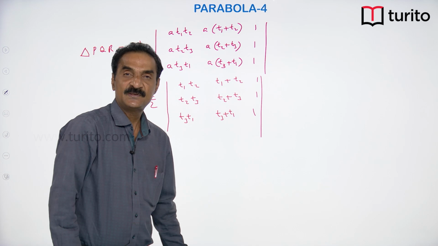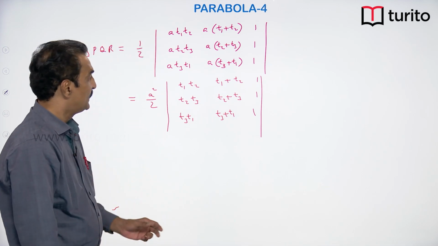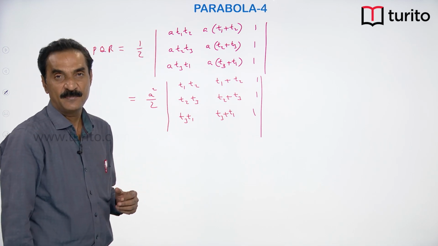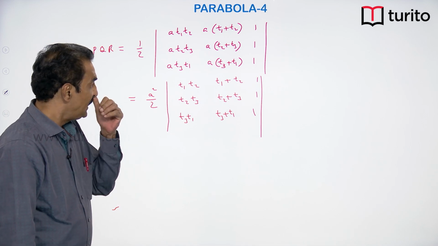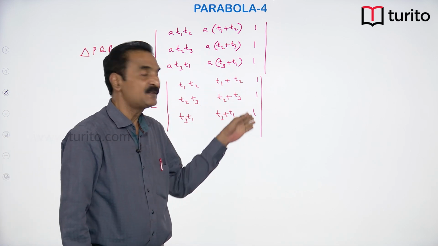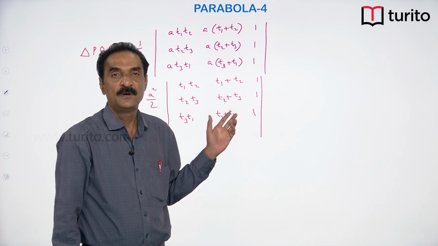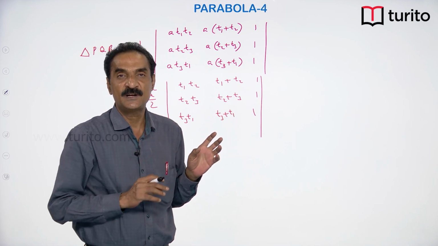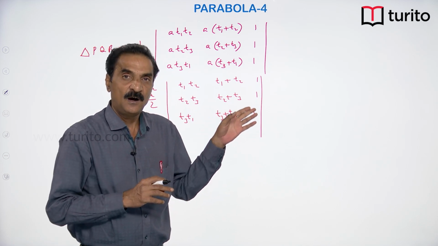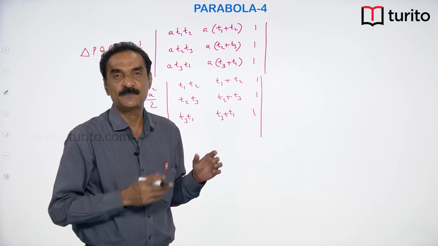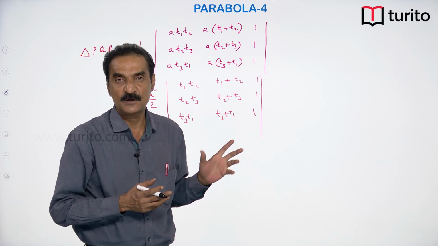We can calculate this determinant by using row operations. In any determinant, if you have three ones in a column or in a row, we should try to get two zeros in that row or column. After getting the two zeros, it will be easy to expand the determinant using that row or column.